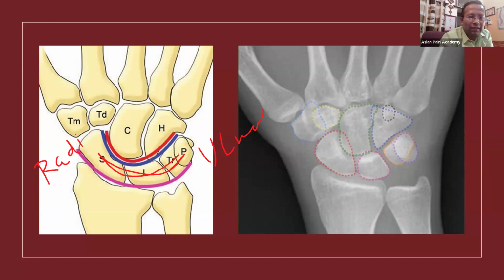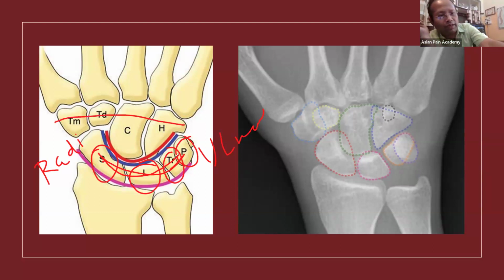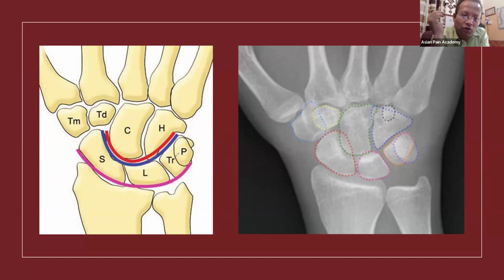So scaphoid, lunate, and then triquetrum and pisiform. Okay, she looks too pretty, and try to catch her: trapezium, trapezoid, capitate, hamate. Okay, so this is the distal row. So if we can just remember that four bones in the proximal row and four bones in the distal row.